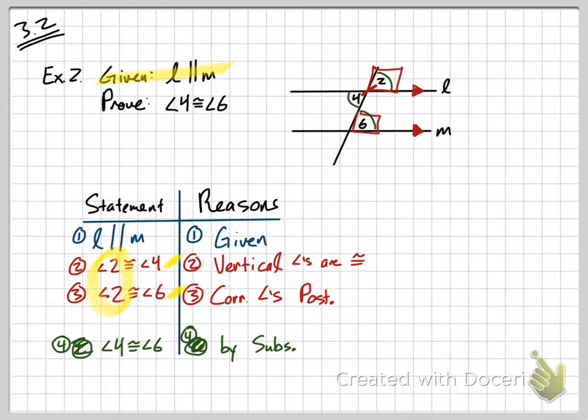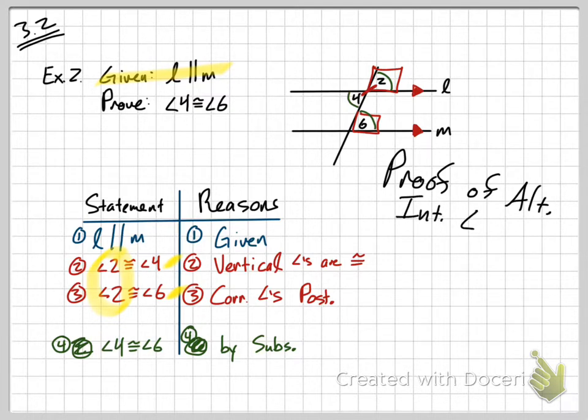So this is our first proof, and this is actually the proof of alternate interior angles. This is the proof of the alternate interior angles theorem.